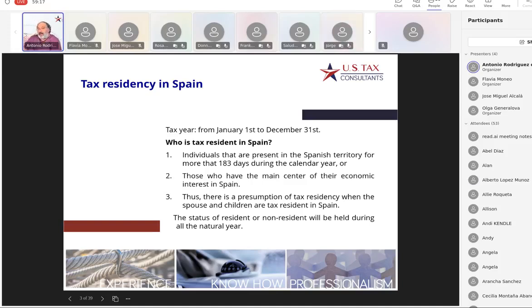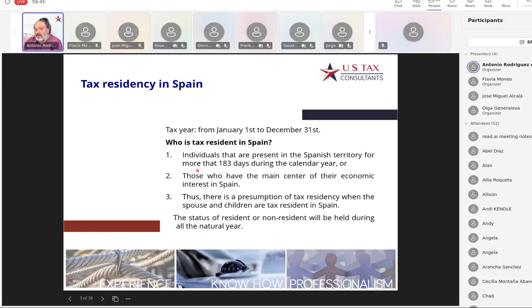In Spain, we classify people in two groups: residents and non-residents. According to the treaty and also the Spanish law, if you are a fiscal resident, you have to declare in Spain. And if you are non-resident, we will see it later, you will only have to declare what you earn from Spain.